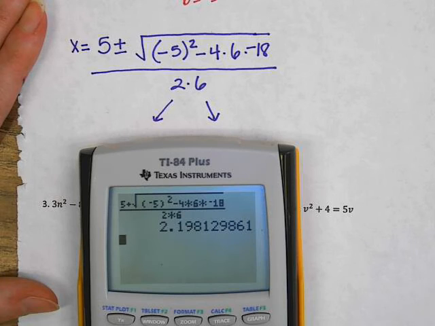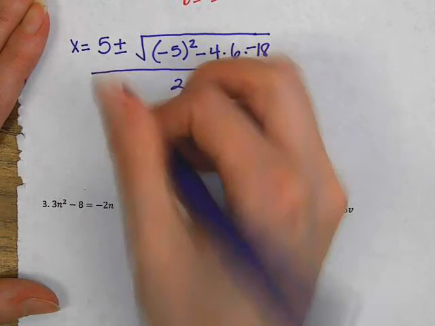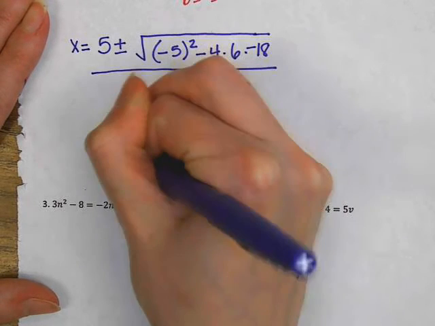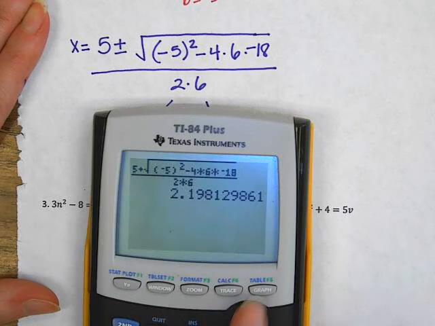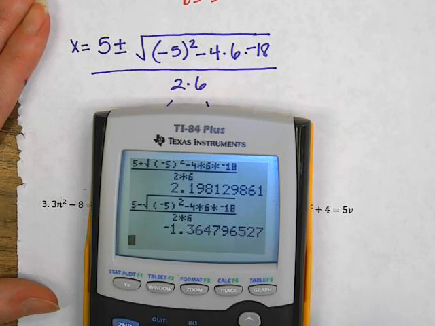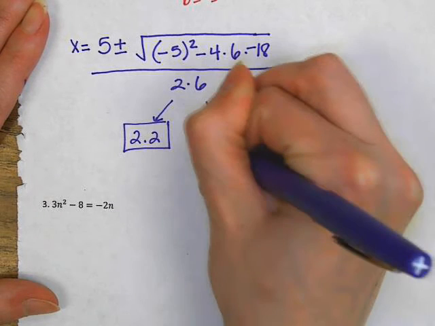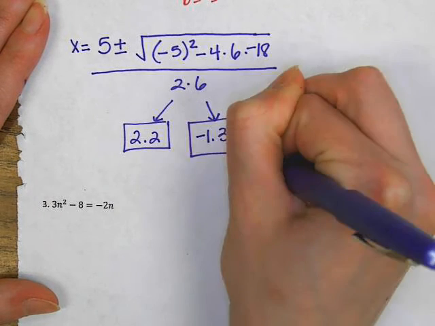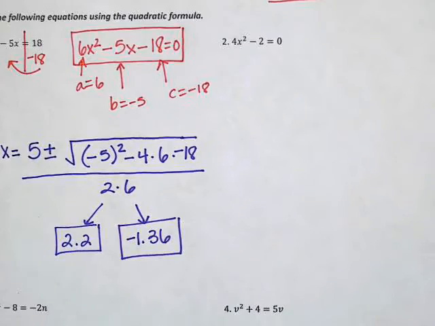We'll round that to 2.2. And then let's go back and edit that outside plus to a minus, and that's a subtract. You get negative 1.36, and those are our two answers by the quadratic formula.